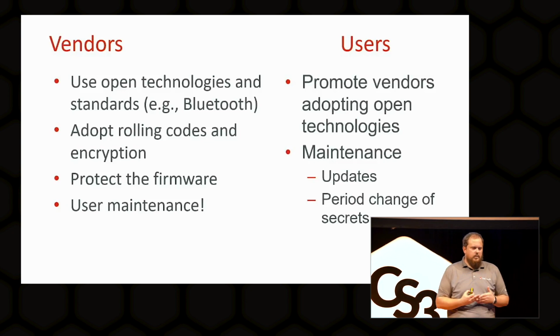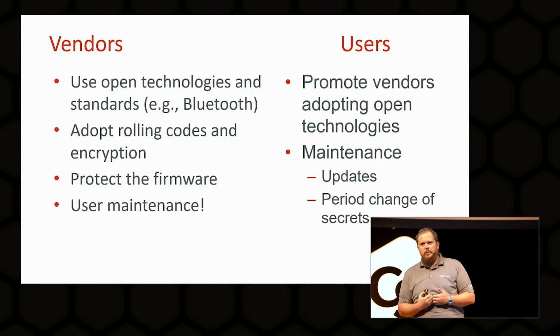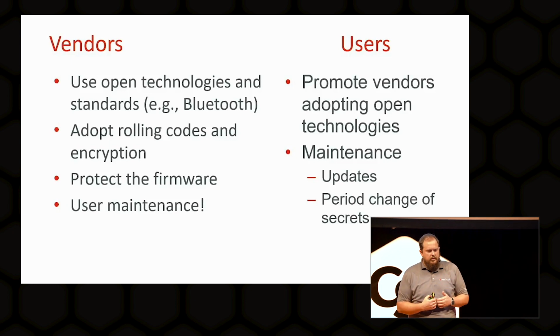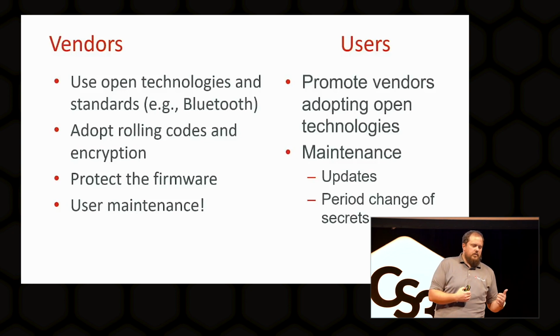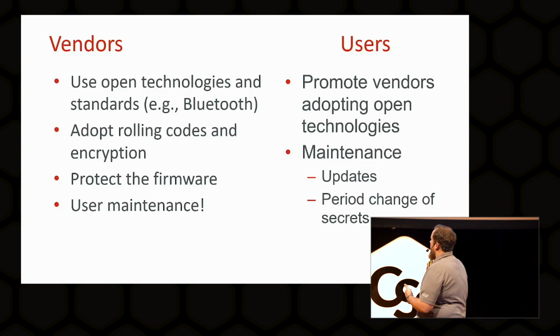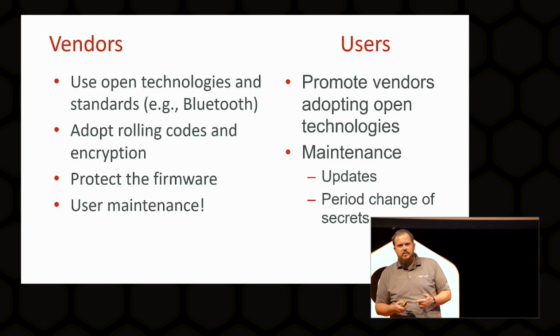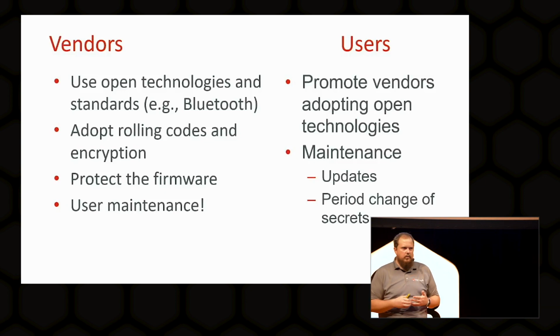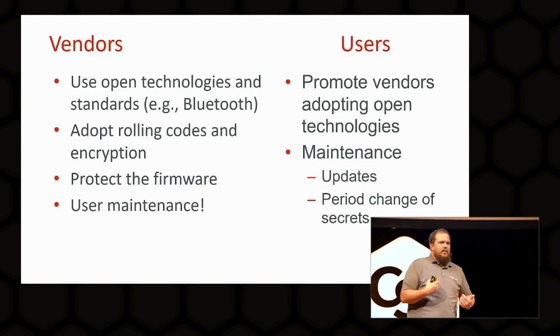We need to promote, as users of this, we need to make sure that our vendors know of these risks, that you also want to make sure you're being secure and adopting open technologies. Maintenance periods, do your updates, because as we mentioned, there were patches released. I think Reed and Jimmy were talking about this earlier, we haven't got those patches.